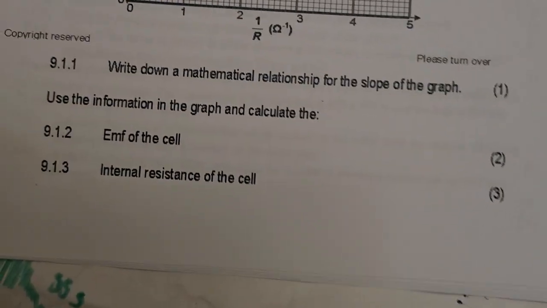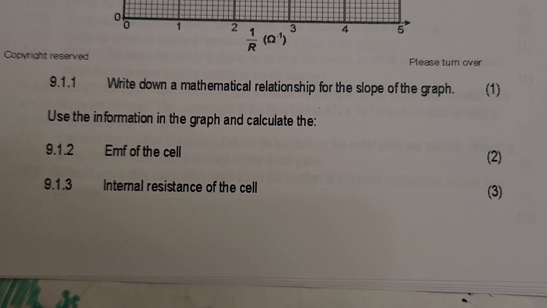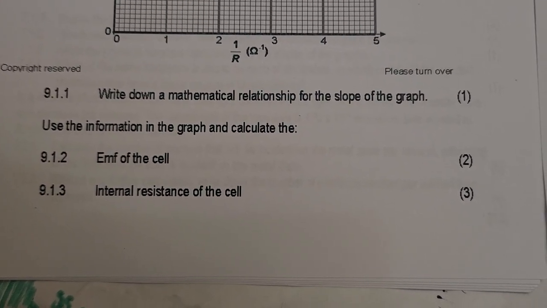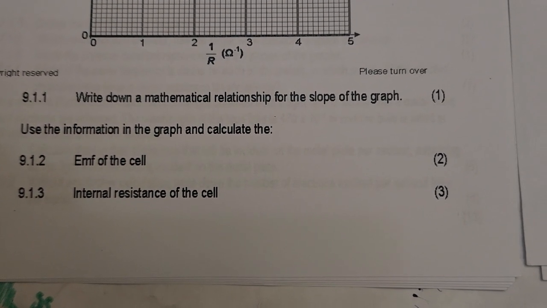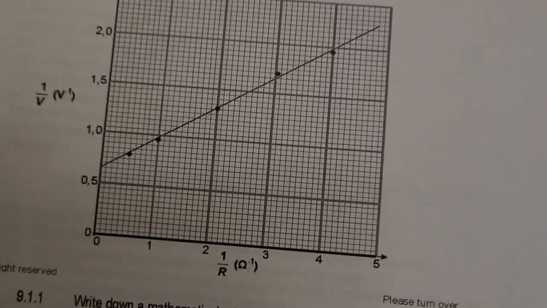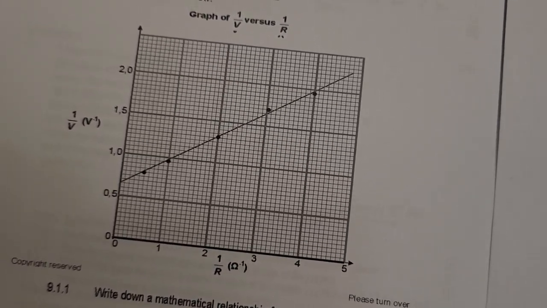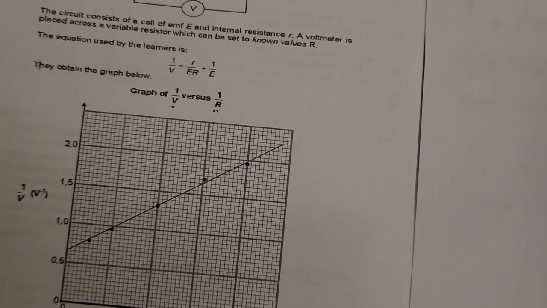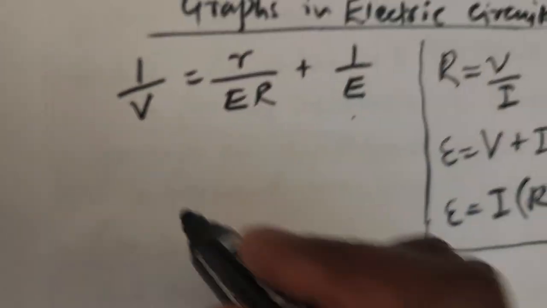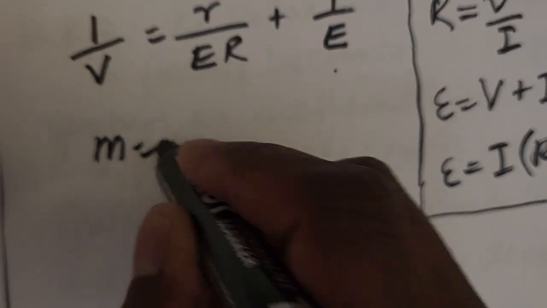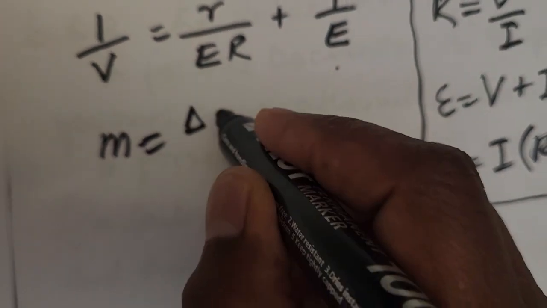And now let's look at this one. The first question, they say, write down the mathematical relationship for the slope of the graph. Look at the slope of the graph, which is positive. Now remember, the slope is change in y over change in x. We'll just say, slope equals delta, what is the y here?